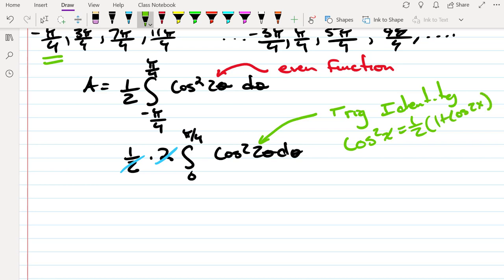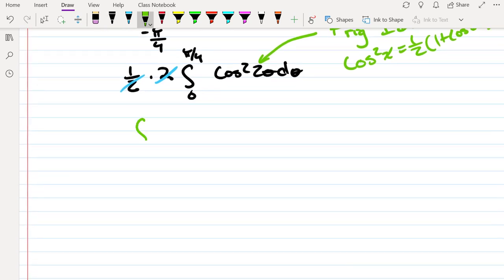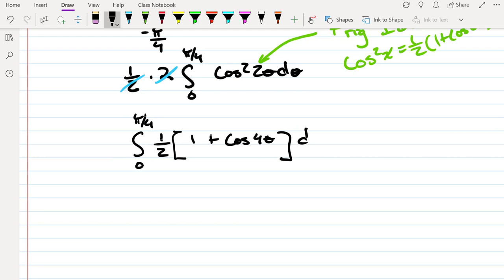So in this case, our x is 2 theta. So after applying our identity, we're going to have the integral from 0 to pi over 4 of 1/2 times 1 plus the cosine of 4 theta d theta.